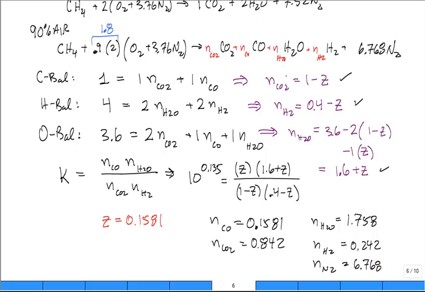If you do the mole fractions, this is 69.3%. For the H2, it's about 2.5% mole fraction. For the H2O, 18.0%. For the CO2, 8.6%. And for the CO, 1.6%.